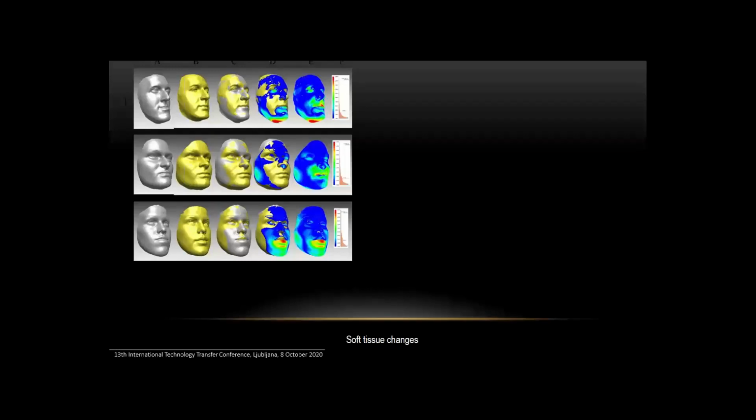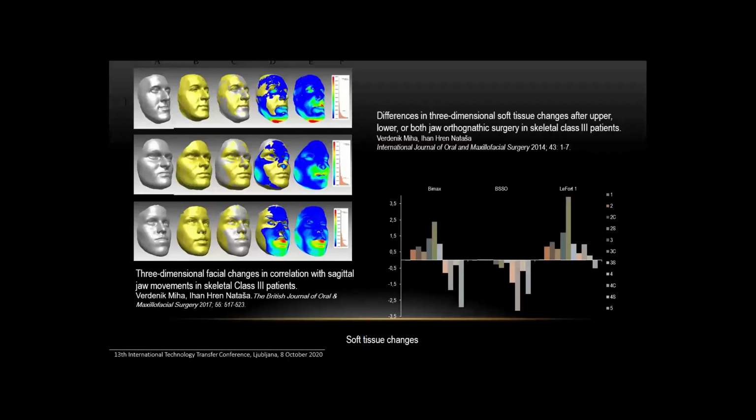So the question of this study was, what is the ratio of soft tissue changes in relation to bone movements? We did many pre-post comparisons. You see color maps, please enter. And we actually calculated these ratios, and we found out that this ratio is smaller than we expected.